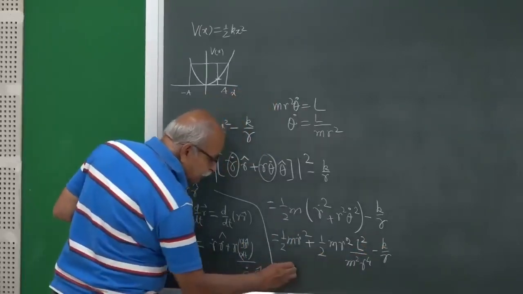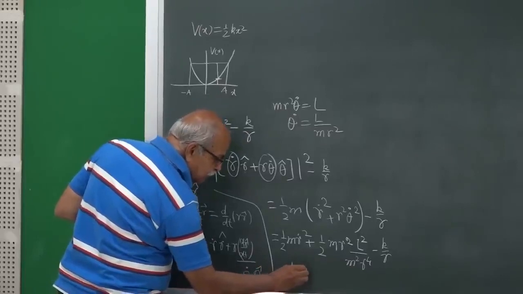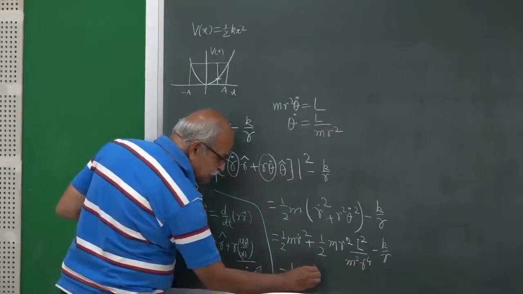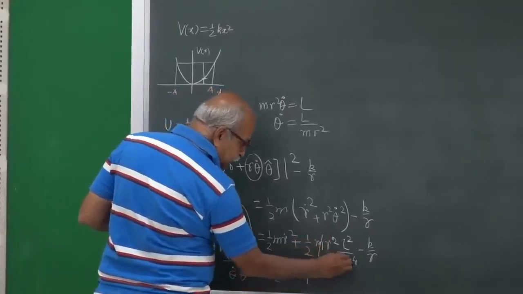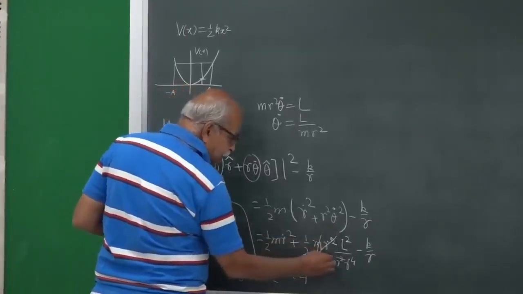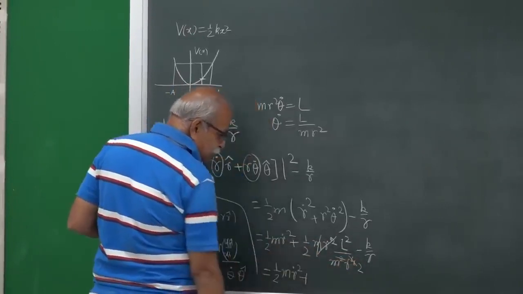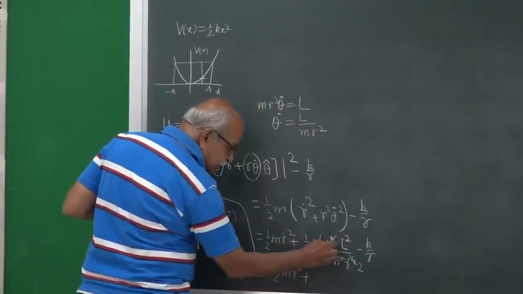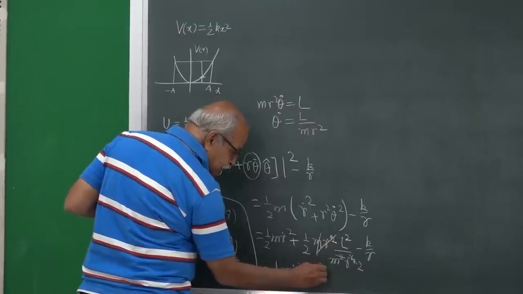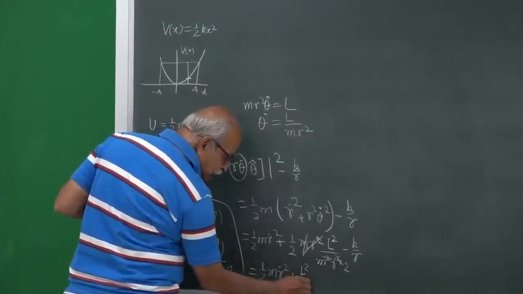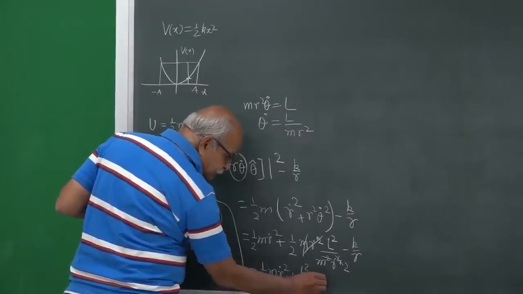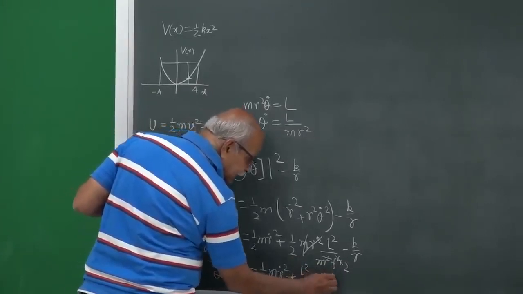So, this is half m r dot square plus, m cancels with one power, and the r square makes it r square in the denominator. So, you have L square divided by 2 m r square, and then minus k by r.